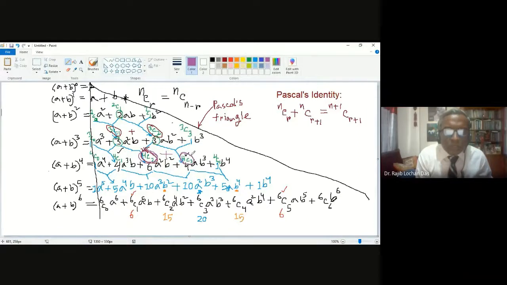So what will come if you add these two numbers together? What will come? It is 5c what? Tell me. 0, 1, 2, 3. It is 5c3, right?